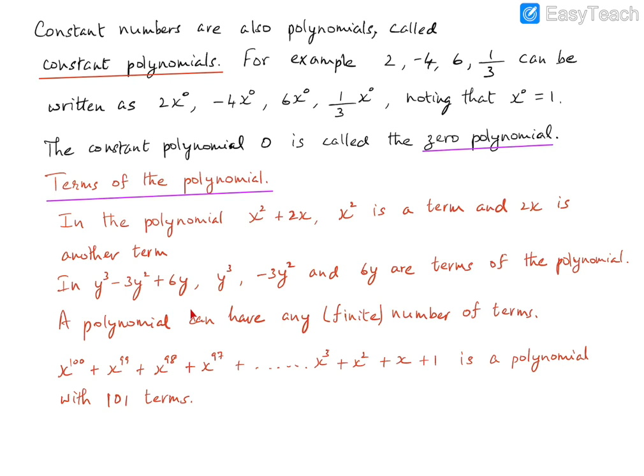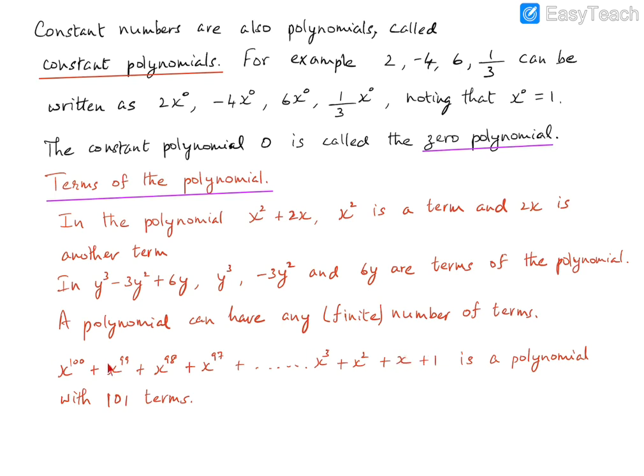In general, a polynomial can have any number of terms. Of course, the number of terms should be finite. You cannot have an infinite number of terms. It can be a very large number of terms also, but it should be countable or finite. So we have an example here of a polynomial which has 101 terms, starting from x power 100 plus x power 99 plus x power 98 and so on, up to x power 1 plus 1 x power 0.